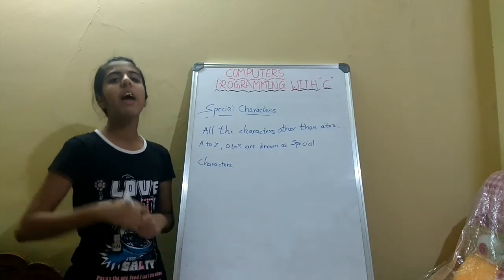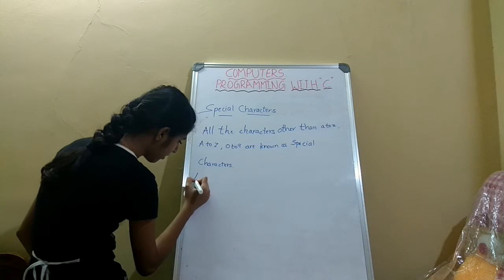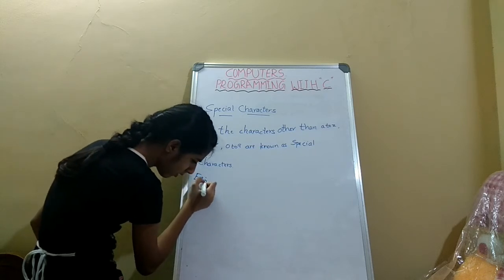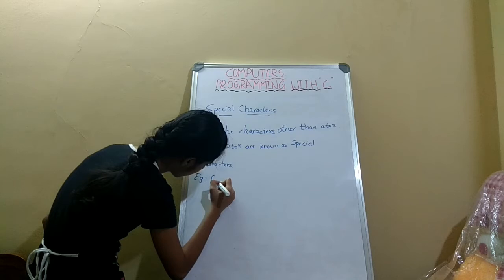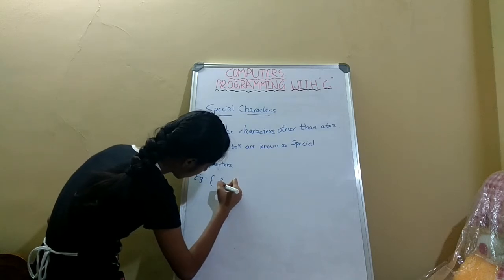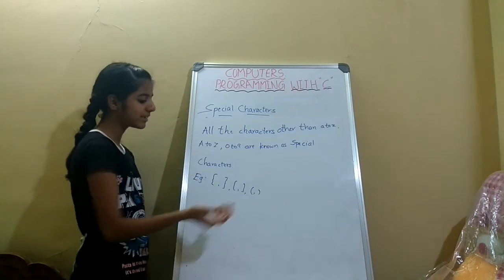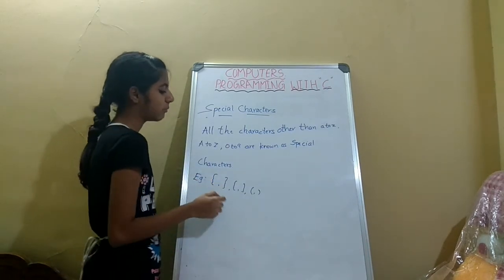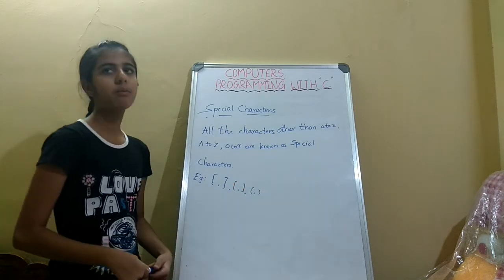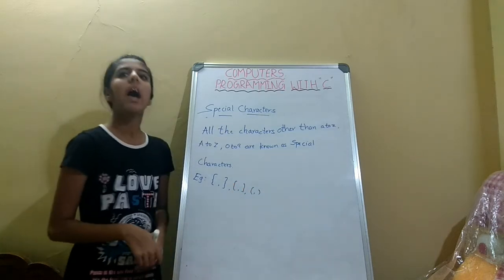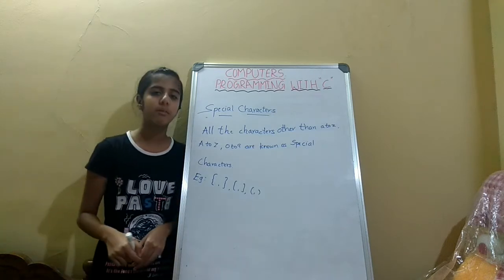So now I am going to give an example. Curly brackets, comma, square brackets, comma. Now I am going to show the tabular form.